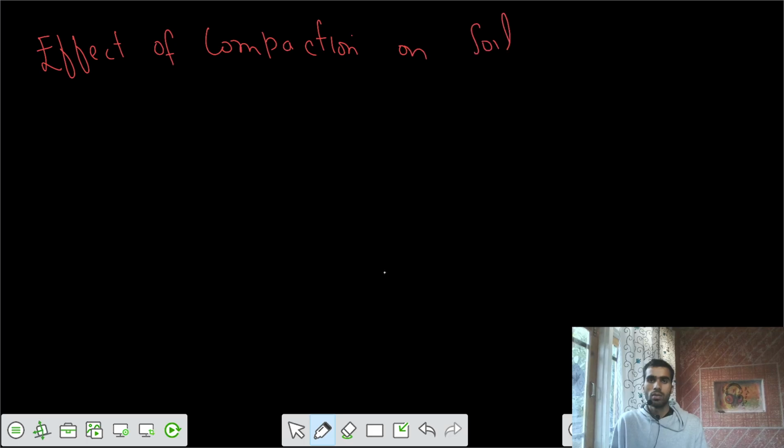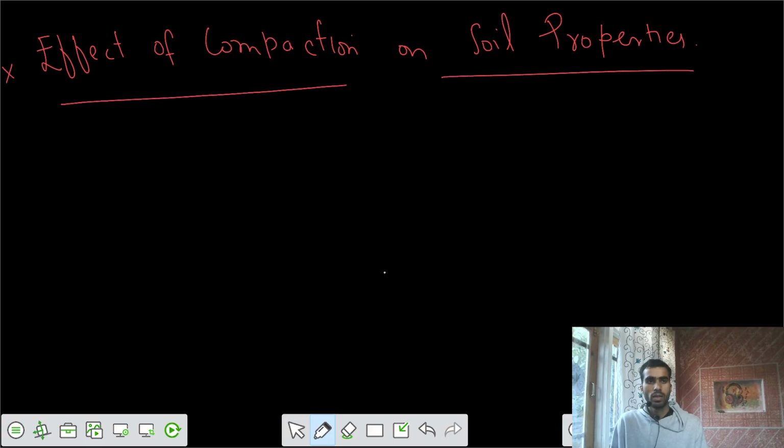Let's look at the effect of compaction on the properties of soil. First, what about the structure?